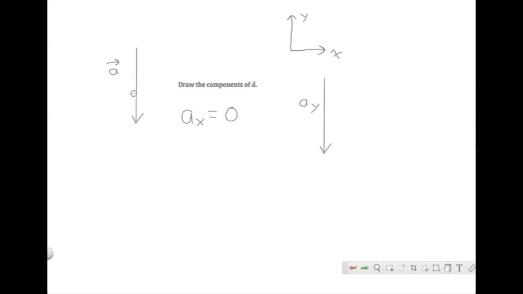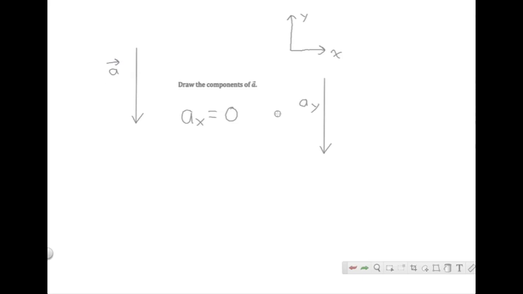So my point is that when a vector is parallel or anti-parallel to the y-axis, then the y component is the same as the overall vector, and the x component is just 0. And hopefully you can figure out how a similar pattern would work if we had a vector that was parallel or anti-parallel to the x-axis.